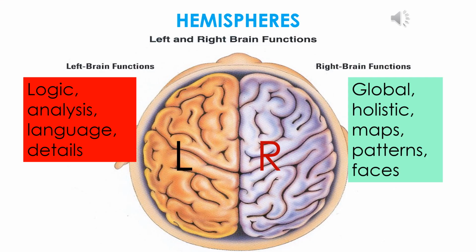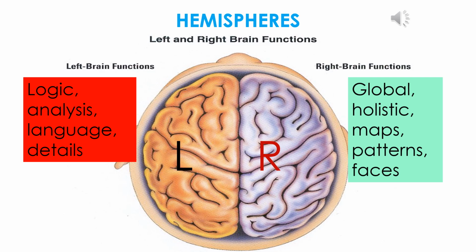Here's the slide I made to help you remember some of these lateralization differences between left and right brain hemispheres. Left hemisphere tends to be better at logic and analysis and language and details, analyzing something, breaking it down into its bits.